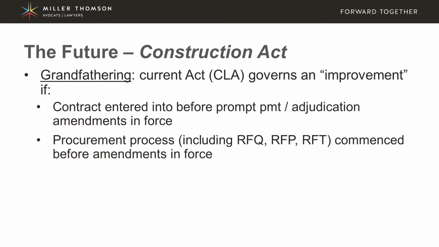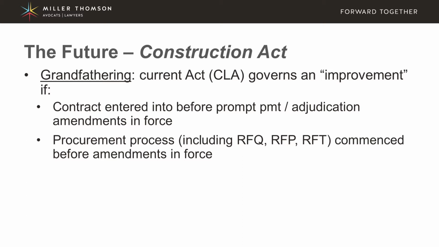The same holds true for the actual procurement process. So if a formal procurement process such as an RFQ, RFP or an RFT, so the RFQ stands for Request for Quotations, RFP stands for Request for Proposals, and RFT, Request for Tenders. So if any of those procurement processes are commenced before the July 1st, 2018 date or the October 1st, 2019 date, then those later amendments will not apply.